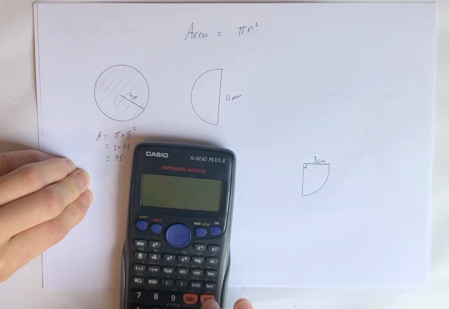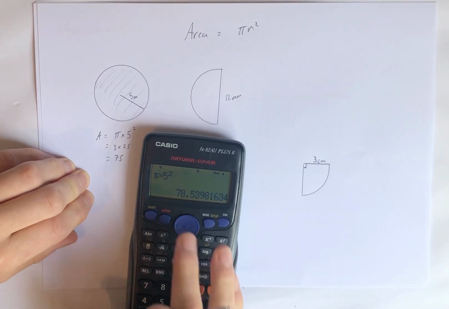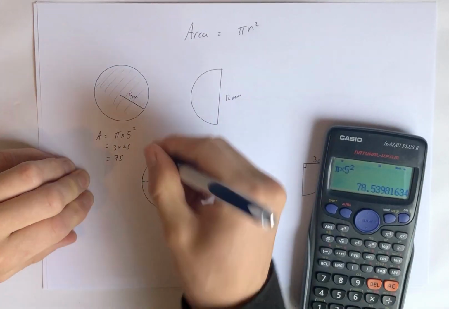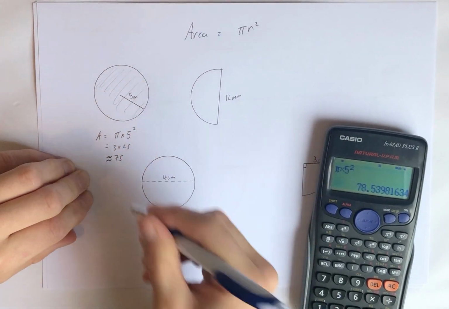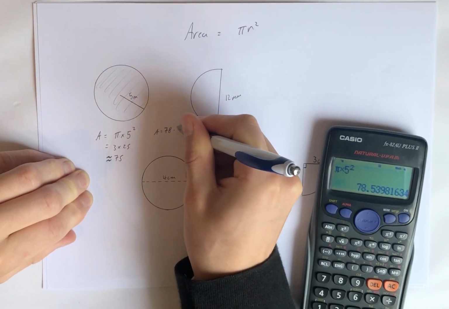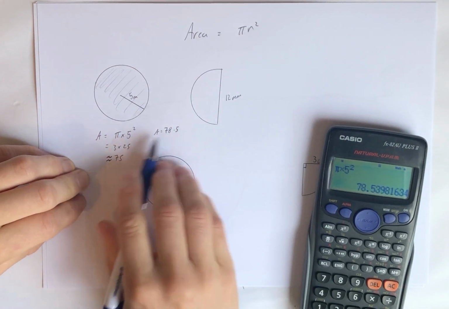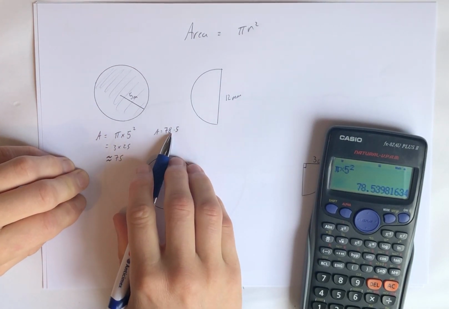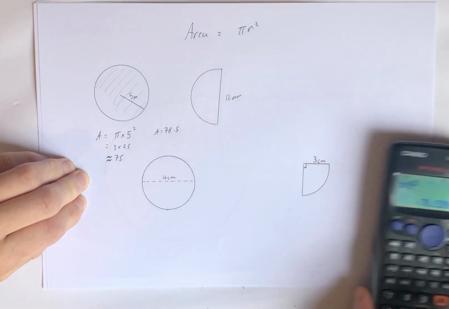If you're year 9 and above and you've got a calculator, it would be shift pi times 5 squared, 78.5. So I'll do little wobbly equal signs for that one, because the actual area is 78.5. Still an approximation. I guess every time you use pi, you're always going to be approximating your answer, because pi is an irrational number. It just goes on and on and on.